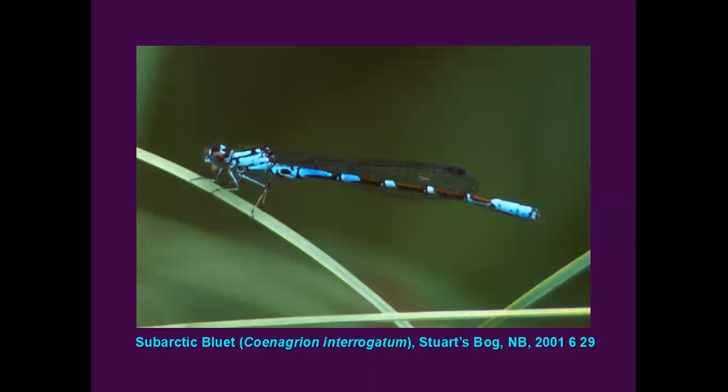It's a floating sphagnum mat and a place where Stuart Tingley found some really rare species, including this subarctic bluet. He found that way back in 1997. So this was the first time I'd ever seen one, way back in 2001.